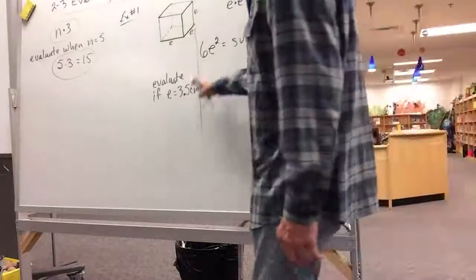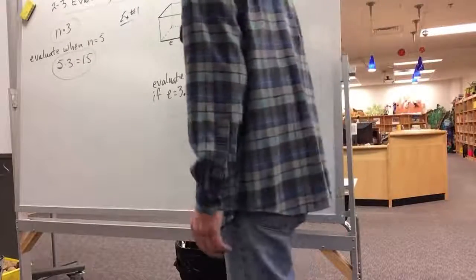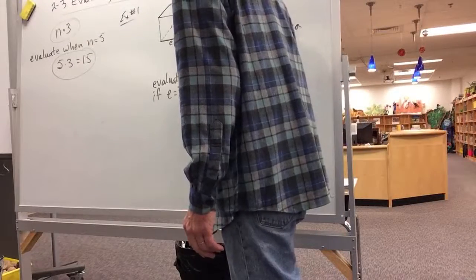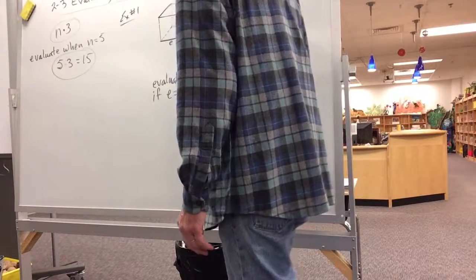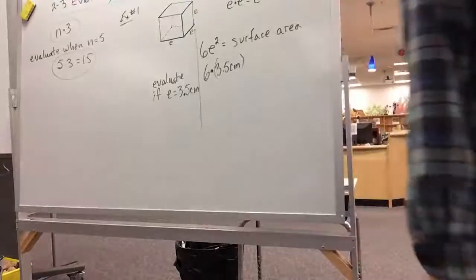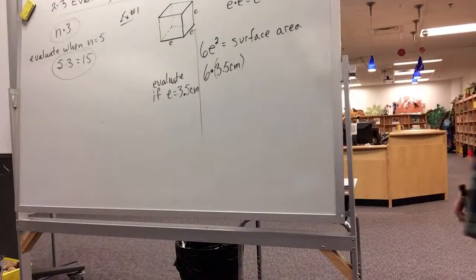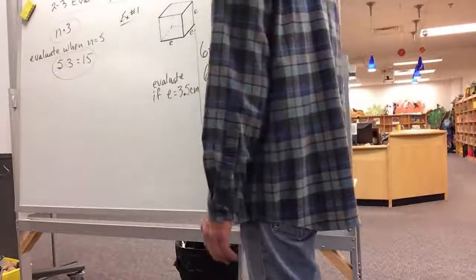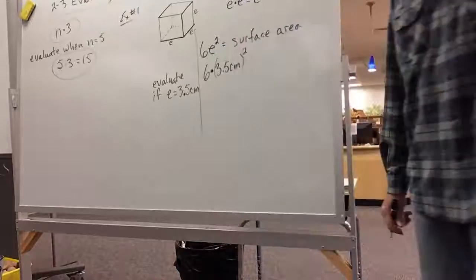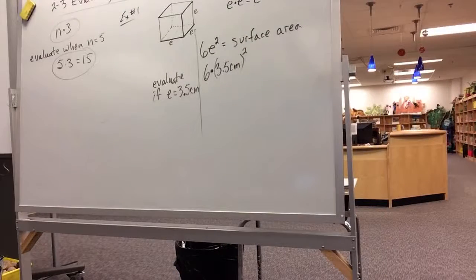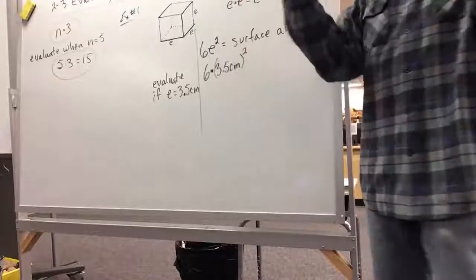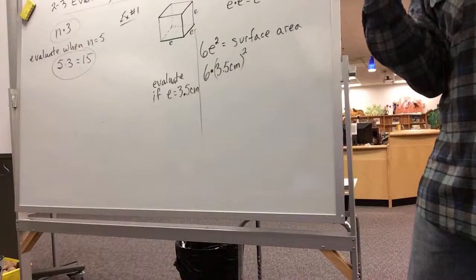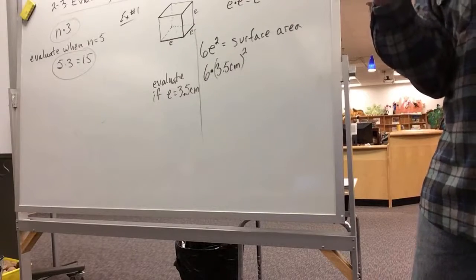And all we do is we substitute. 6 multiplied by 3.5 centimeters, and that all needs to be put in parentheses, squared. Why do you have to put parentheses around the 3.5 centimeters? Because it's an entire length, and the length is what's going to get squared, not just the 3.5.